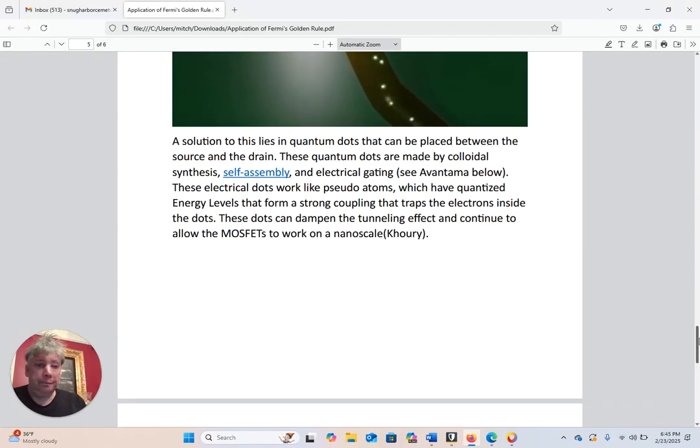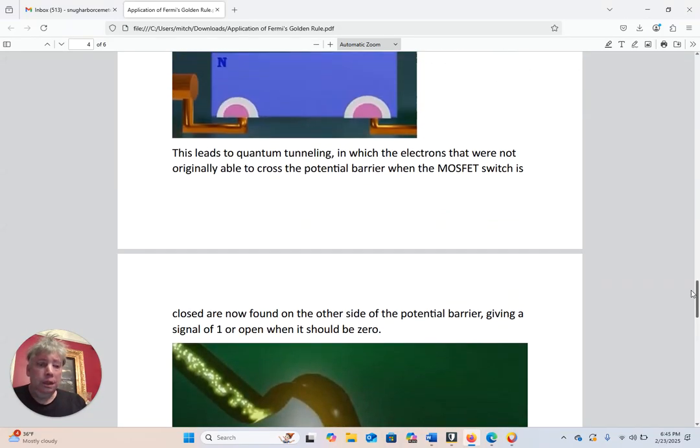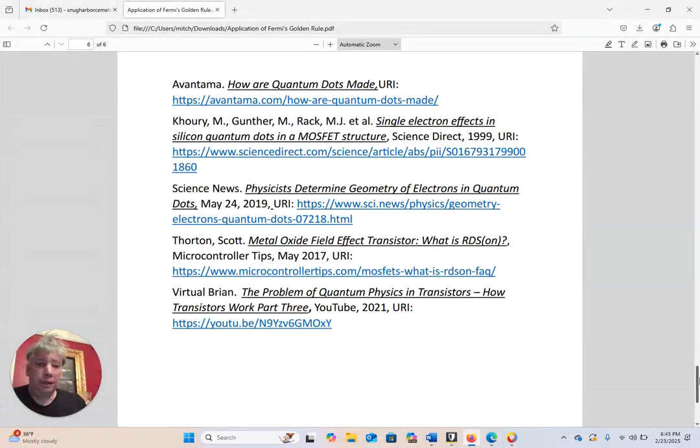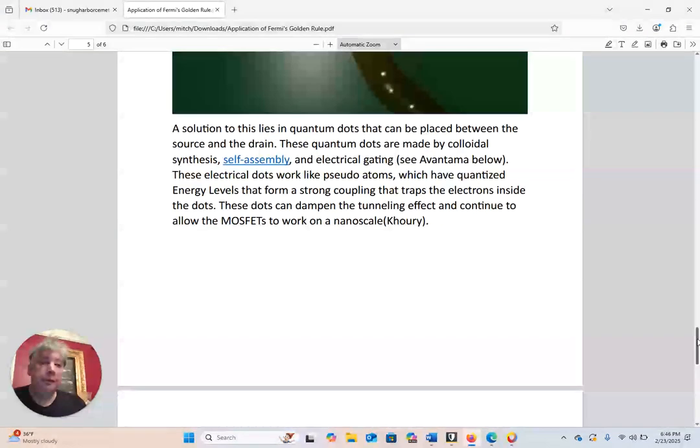Now, what scientists have proposed recently, and this is work done by Gunther, M. Corey, and M.J. Rack in 1999, is to put quantum dots between the source and the drain.